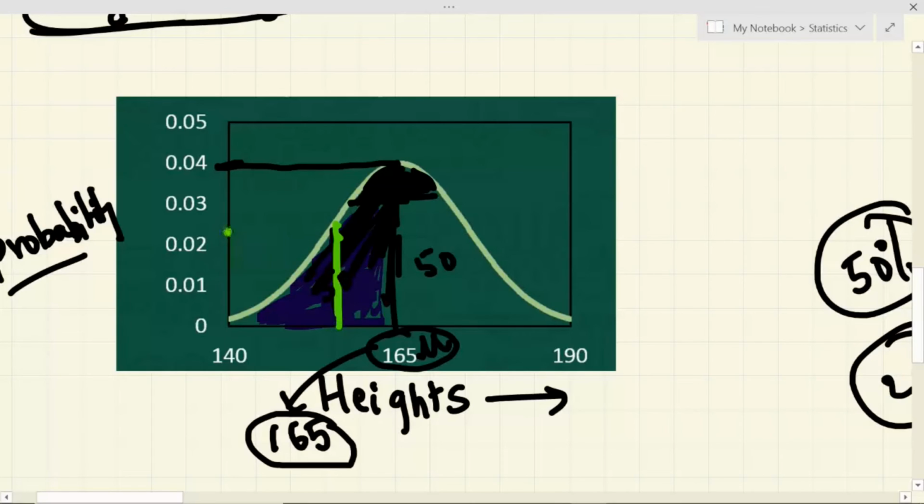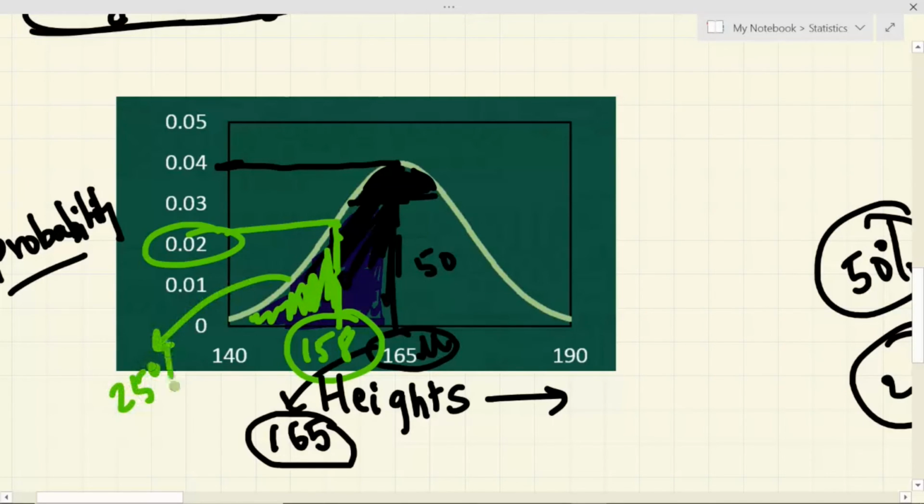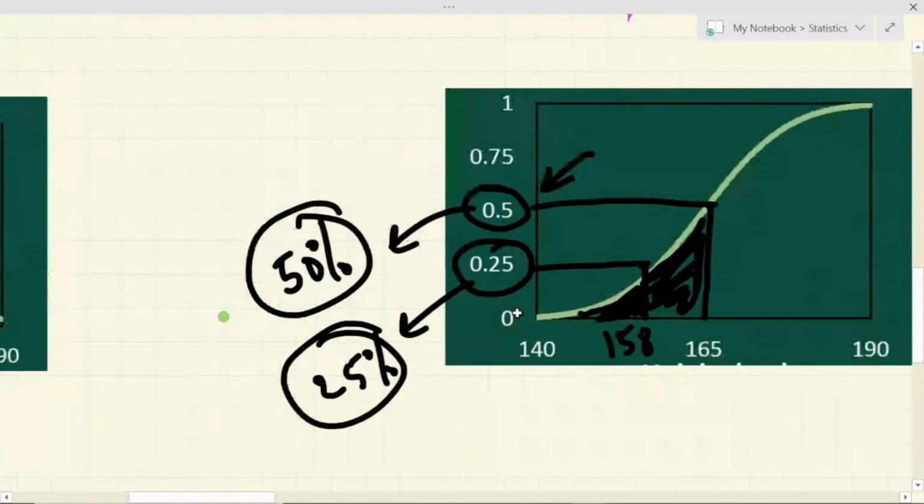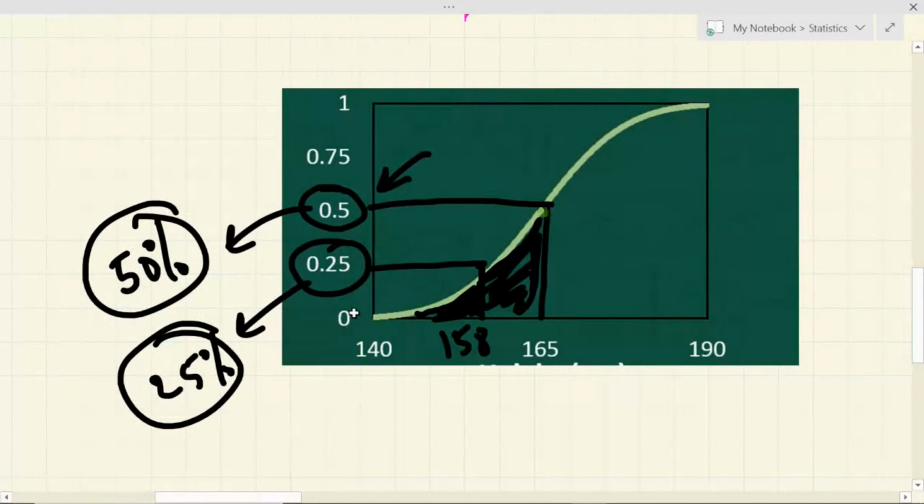In this case, when it's 158, we have about 25% of the curve. It's actually the 25% of the curve, right? It makes sense, right? So that is how we go till 190 centimeters.